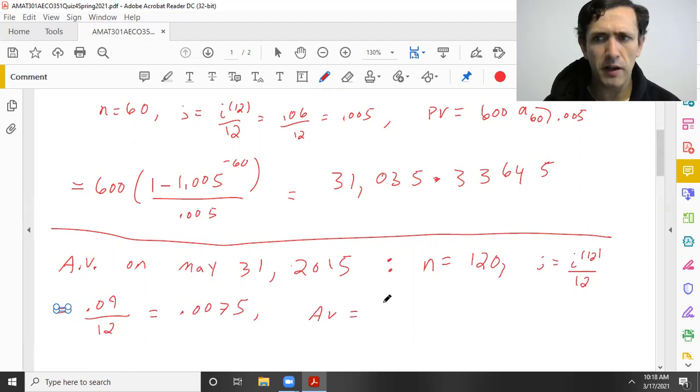So the accumulated value is, well, we don't know what the deposits are. They're X, so X times s angle 120 at 0.0075.